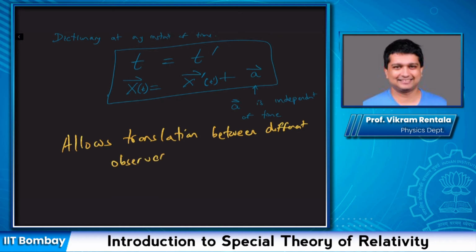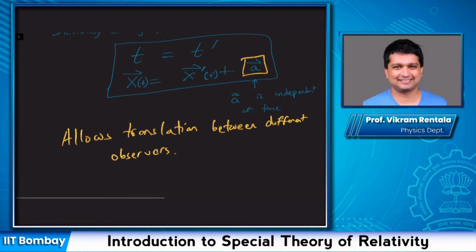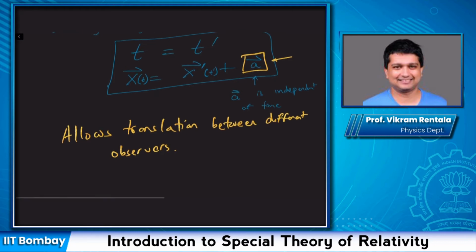So the dictionary is specific to these two observers, and what defines the relationship between them is the amount of displacement a bar. If I have a third observer with a different displacement, let's say b bar, then I would have to put that different vector over here. So this dictionary relates two different observers.